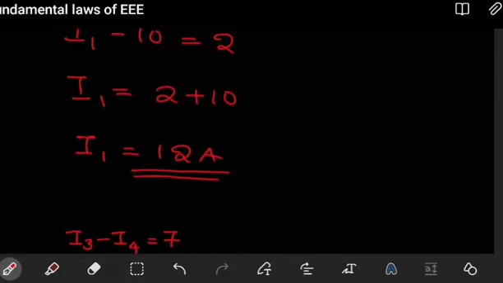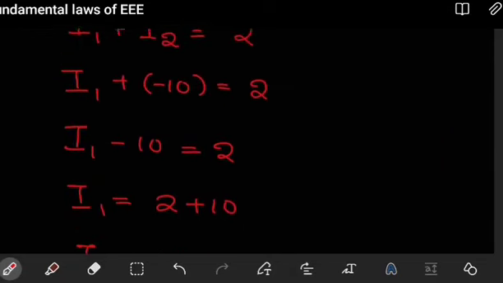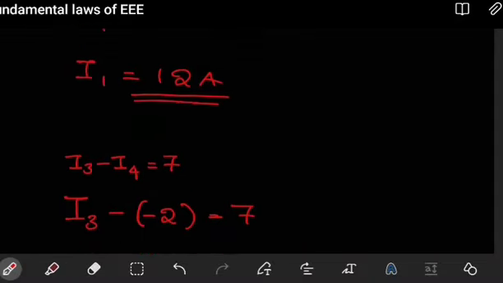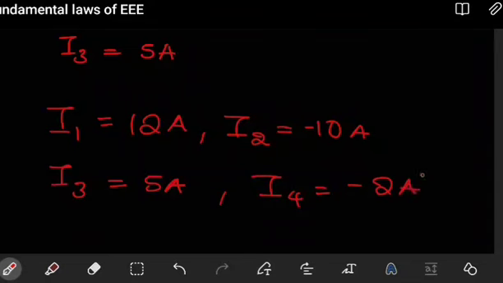I1, we had 12 amps. I2 was negative 10 amps. Then I3 is 5 amps. And finally I4, we had negative 2 amps. So these are the currents that they wanted for this question.